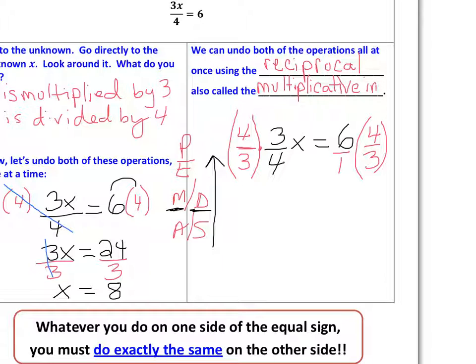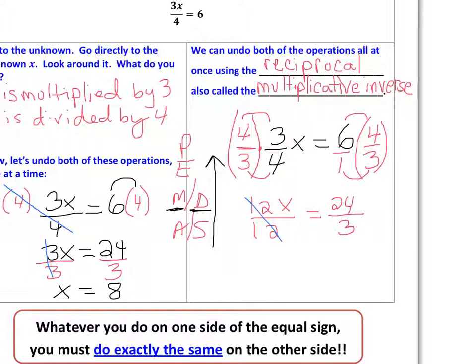Okay, so how does that look in the problem? Over here on the left, we have 12x over 12, and we multiply the numerators, and we have 12. I'm just going to put my whole number 6 here over 1 just to remind myself that we multiply the numerators and we multiply the denominators.